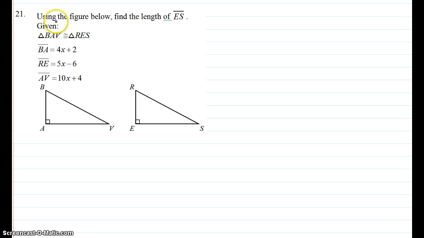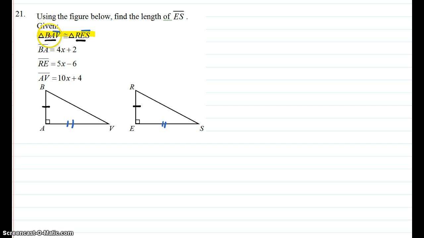All right, 21, using the figure below, find the length of ES, given that triangle BAV is congruent to triangle RES. Since these two triangles are congruent, the corresponding parts of the triangles are congruent. So segment BA is going to be congruent to RE. Segment AV is going to be congruent to segment ES.